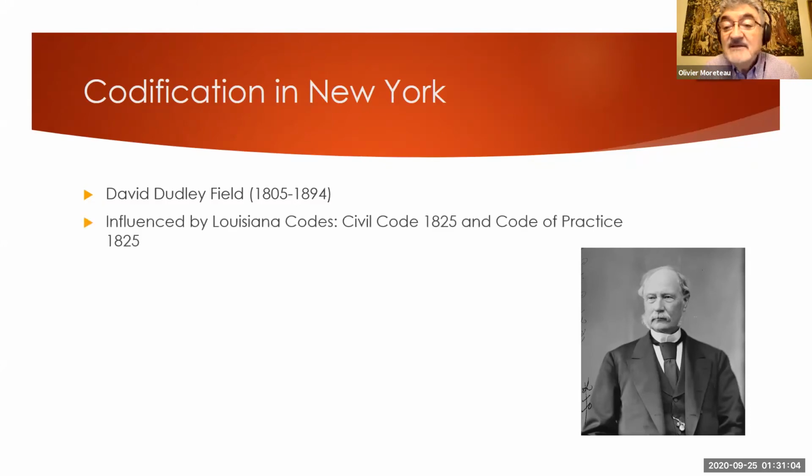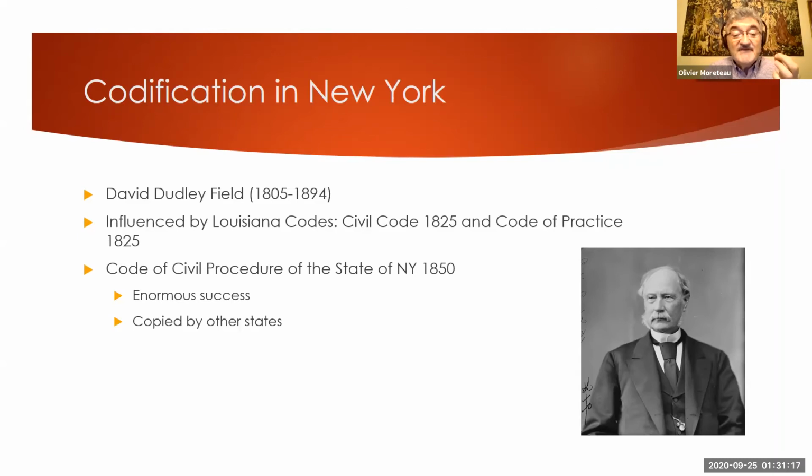Field had studied the codes of Louisiana. He was familiar with the Civil Code of 1825 and the Louisiana Code of Practice of 1825. And he drafted a code of civil procedure for the state of New York in 1850, which resembles significantly the code of practice that existed in Louisiana.